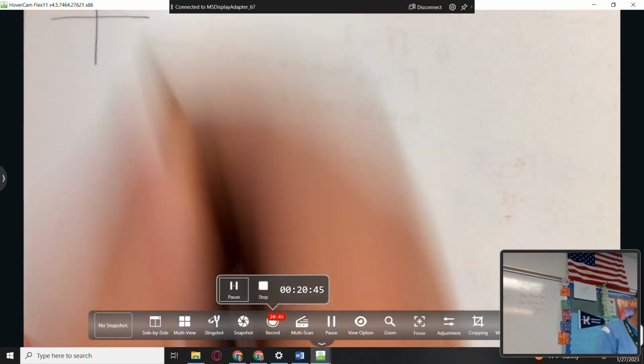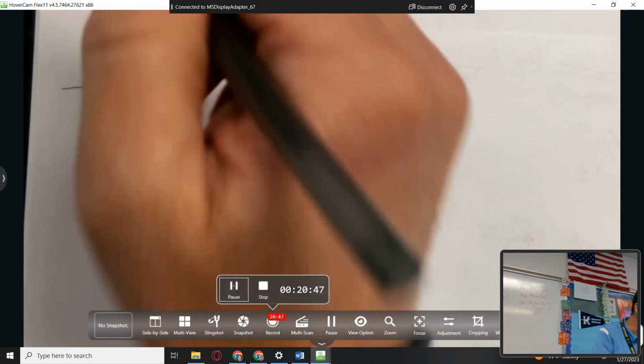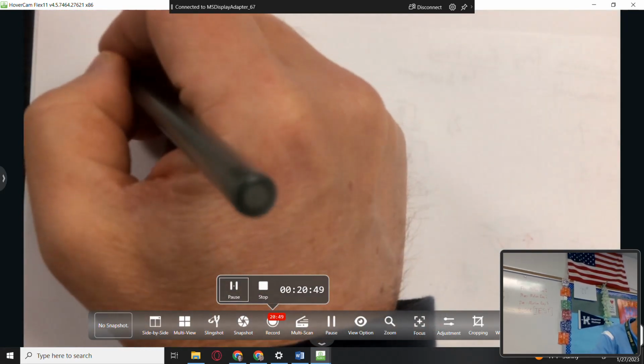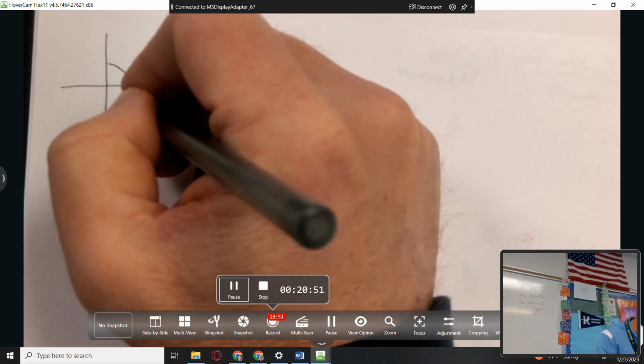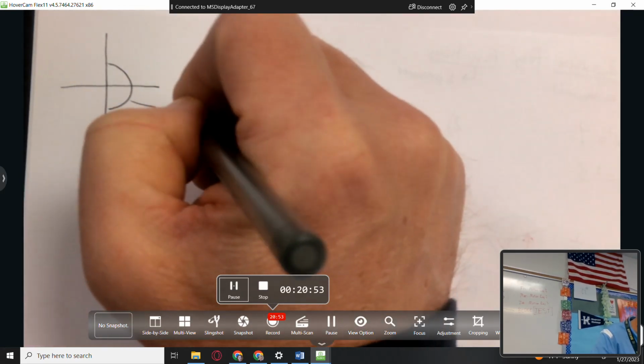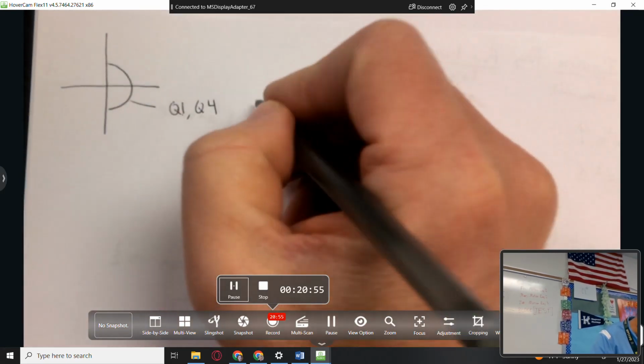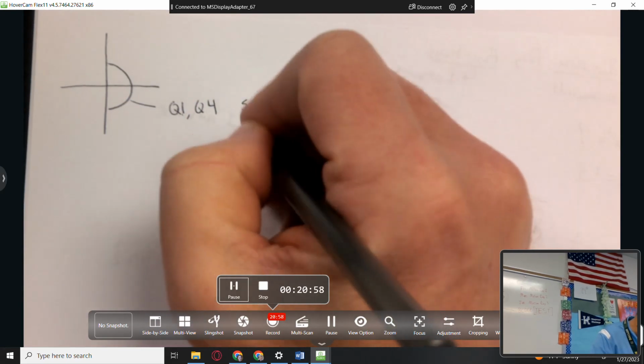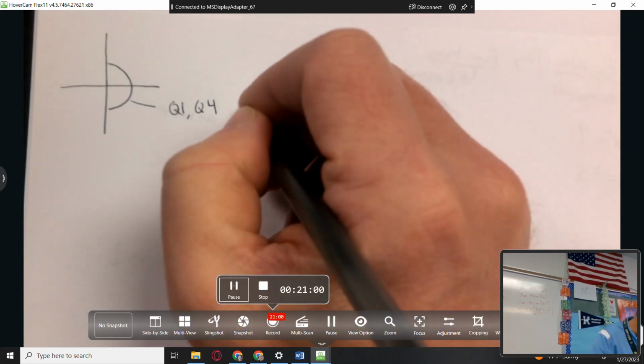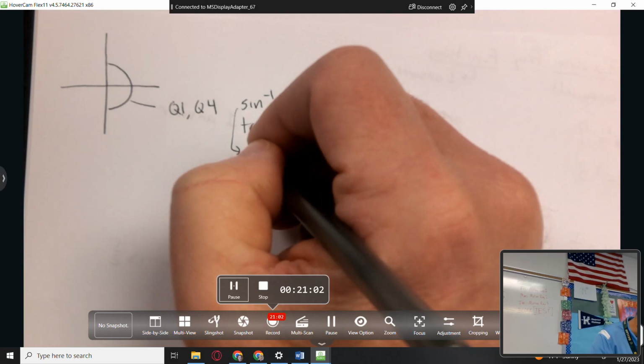Well, then someone at the committee got the idea of, you know what, let's just summarize this and say that quadrant 1 and quadrant 4, that's sine and tangent, and then almost always with sine goes cosecant.